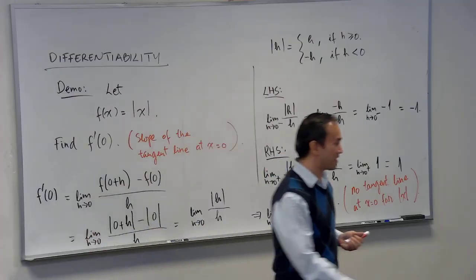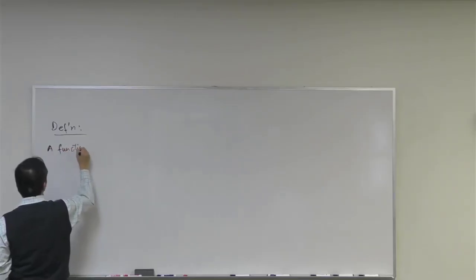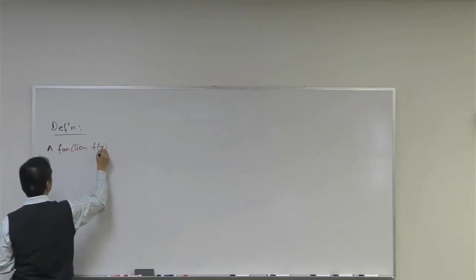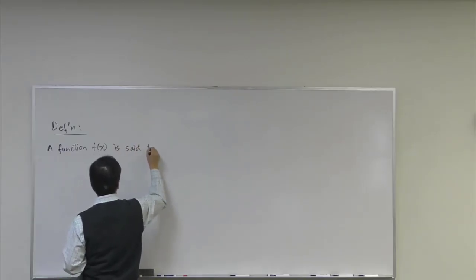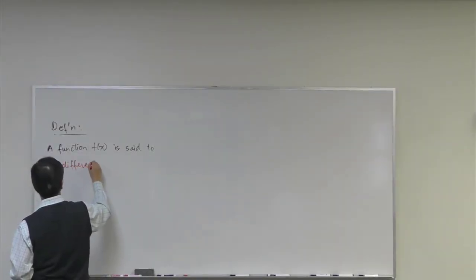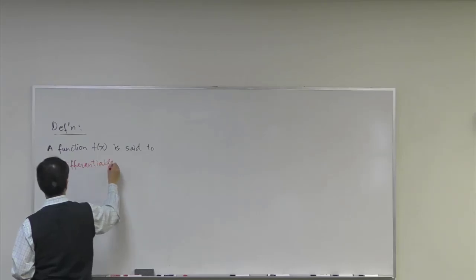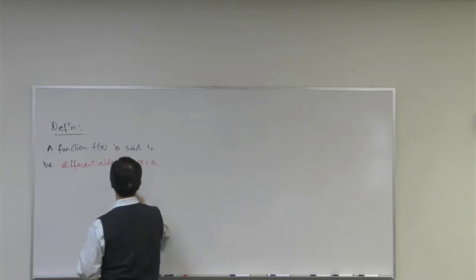Right? So let me write down the formal definition. So a function f of x is said to be differentiable at a given point x equals a here.